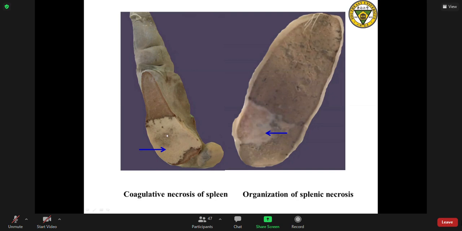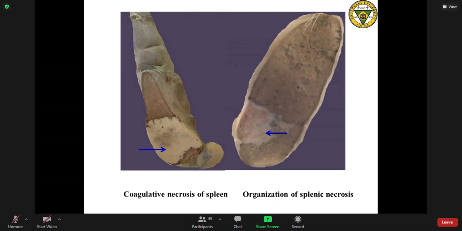We can compare with the normal spleen. Here is the normal spleen color surface. This is normal, and this area is abnormal. Coagulative necrosis, we must know this important point. Coagulative necrosis means coagulation.